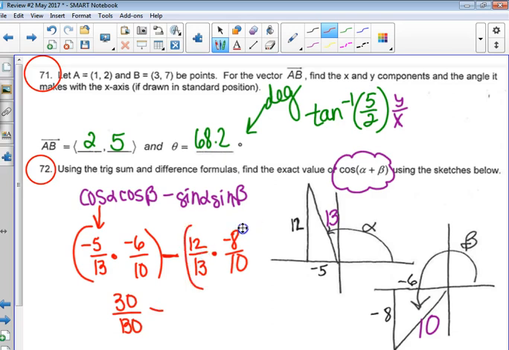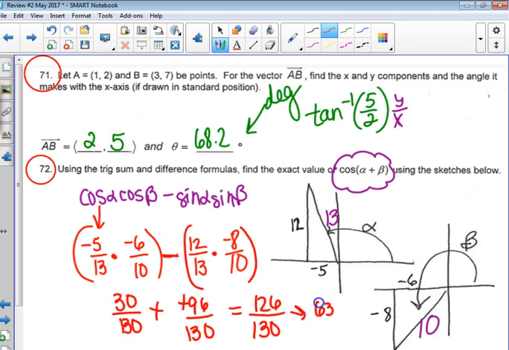If I multiply these two, I get negative 96/130. Minus a negative becomes plus positive. It adds up to 126/130, which reduces to 63/65. I'd take 126/130. I'd be excited you got that far.